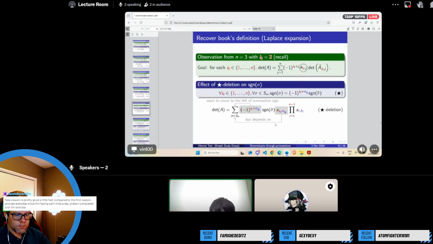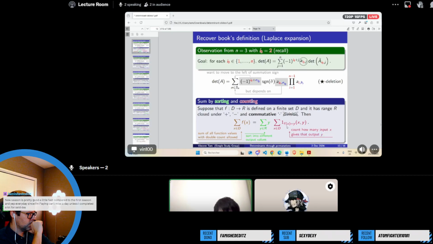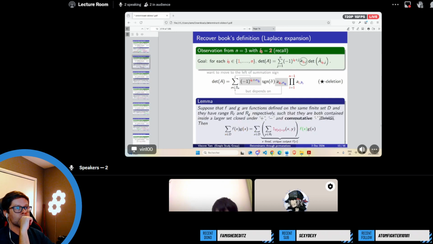This is basically a number of counts of how many inputs will give y. This is a sum of frequency of y. So this is pretty intuitive, and according to this, I will give another lemma.